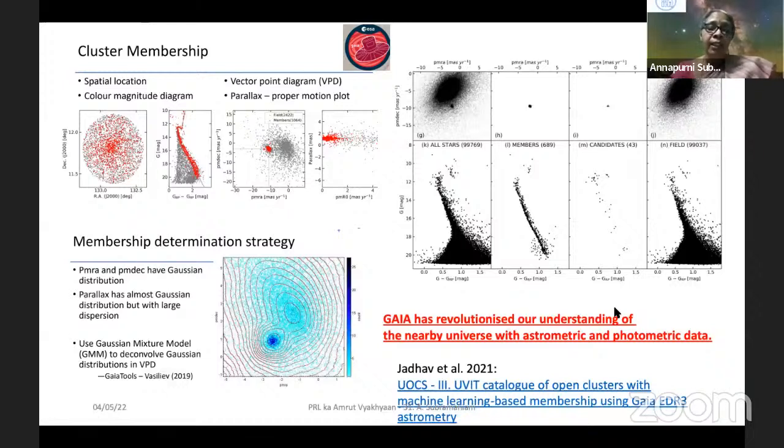So Gaia indeed has revolutionized understanding of the nearby universe with astrometric and photometric data. This is widely used for any studies with respect to our galaxy or the nearby universe. Gaia information is very important, and this is also indeed a space mission.